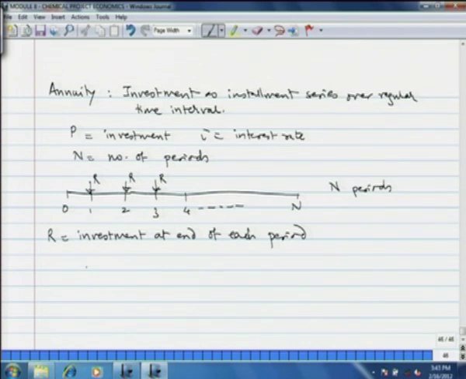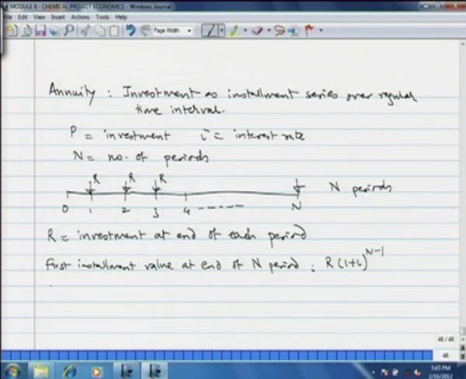Like the first installment that we make at time 1 is under investment for n minus 1 periods. So, for the first installment, the value at the end of n period is R into (1 plus i) to the power n minus 1, because the deposit R is under investment for n minus 1 periods.